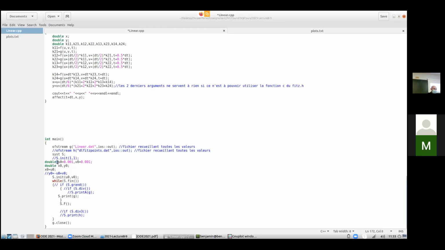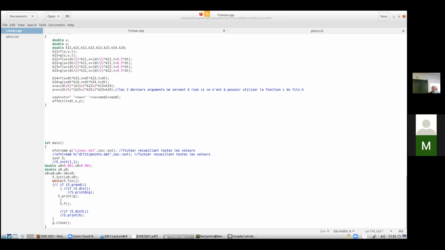So I take an initial condition, then I multiply it by the matrix inverse of P. That's my x0 here and my y0 here.